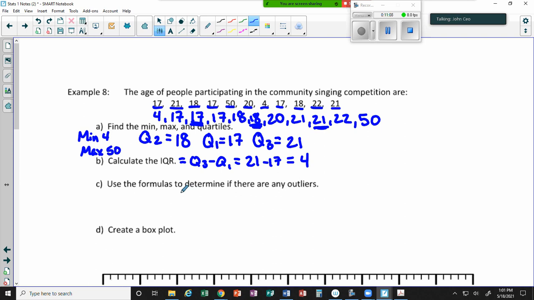Now we need to determine if there are any outliers. So to find my minimum, this is where we have to use the formula Q1 minus 1.5 times the IQR.